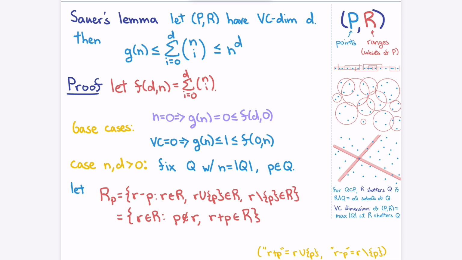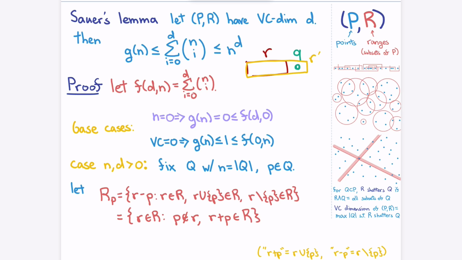I don't know how to draw a good picture. You have this point p, and you're looking at ranges r where r is a range, and also r with p included is also a range. So these are ranges that don't include p, but if you had included p would be a range.